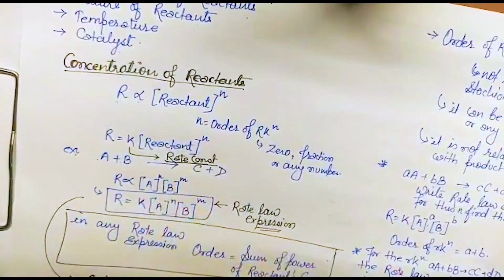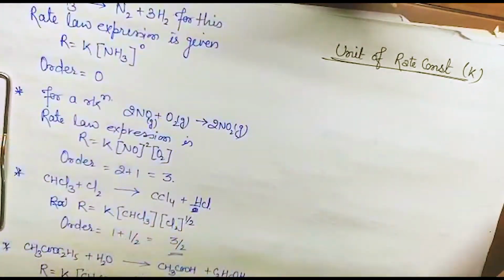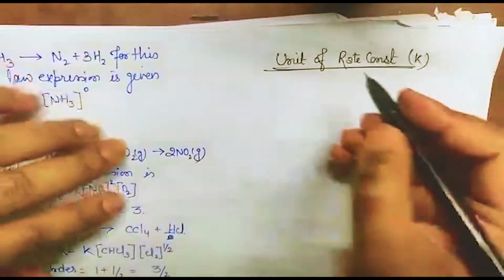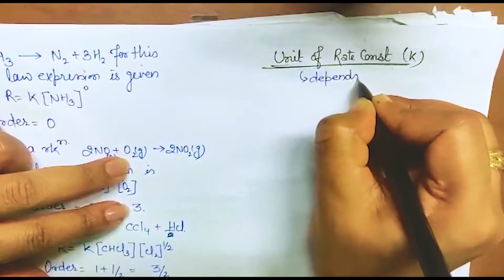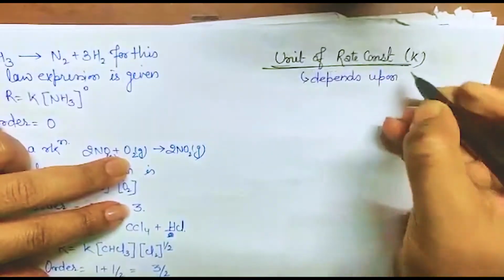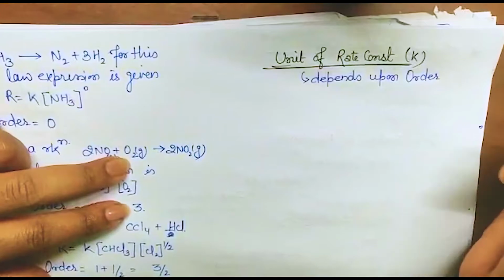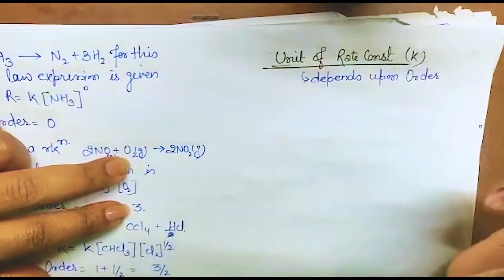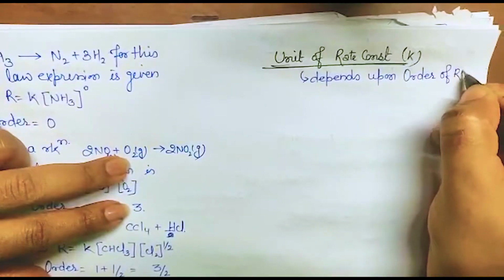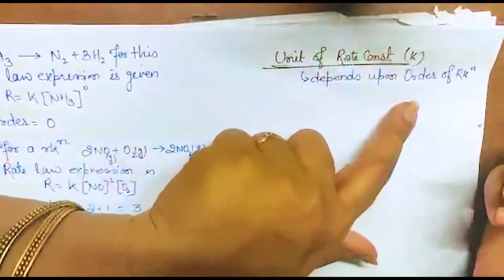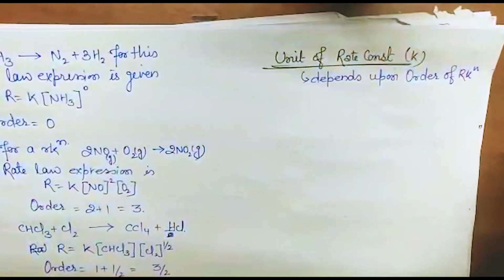Now the unit of the rate constant depends upon the order of reaction. Or in another way you can say that the unit of K can give the order of reaction. Got it? With the help of K you can find the order of reaction, or with the help of the order of reaction you can find K. Vice versa it can be.